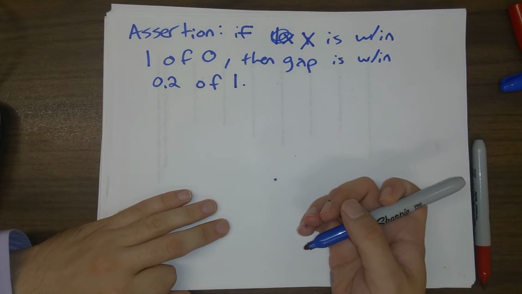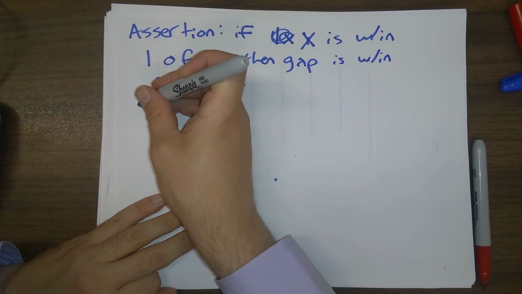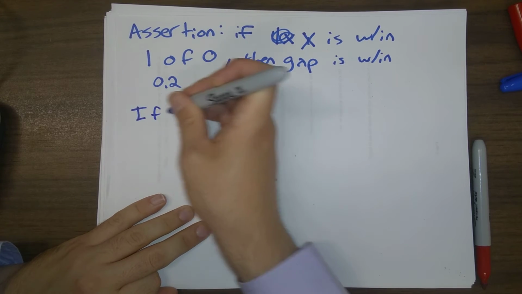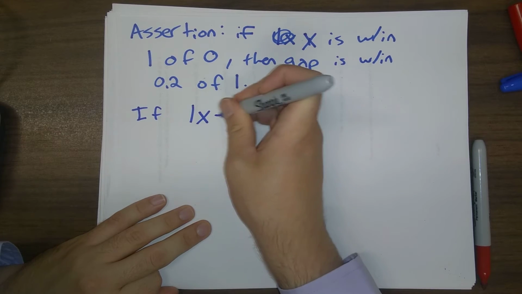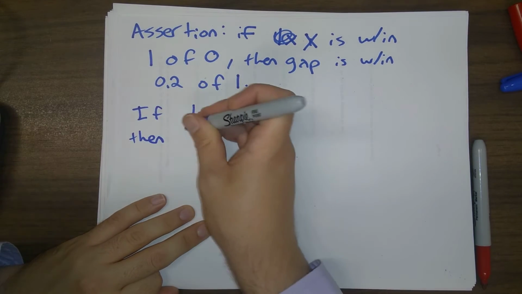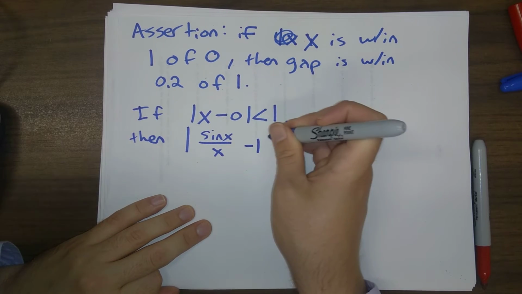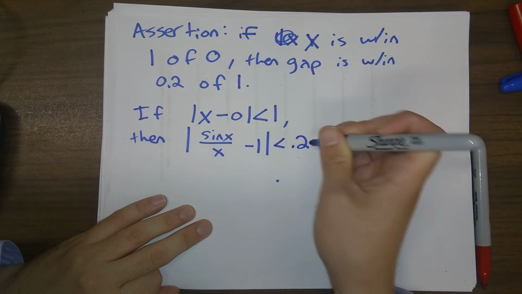That's writing things out in words. I could write this out more symbolically and say, if |x minus 0| is less than 1, then the gap |sine x over x minus 1| is less than 0.2.